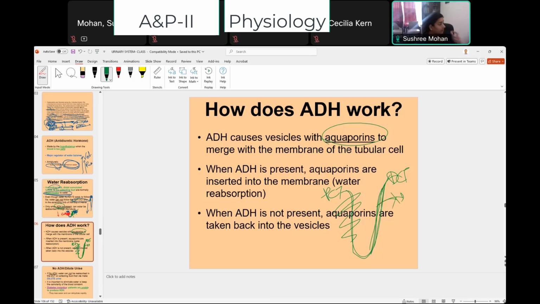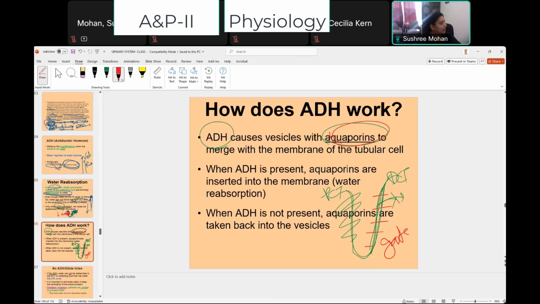But when the antidiuretic hormone is secreted by the pituitary, it is going to add a certain passage over here by adding aquaporins, like small gates, some exit point.